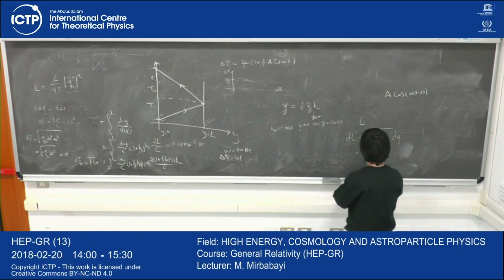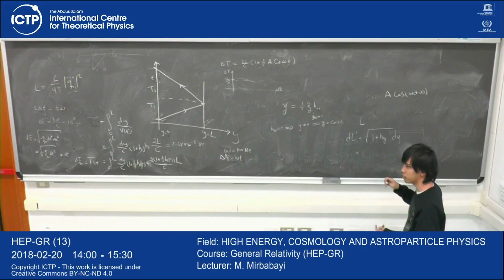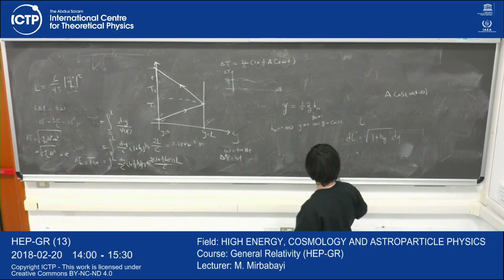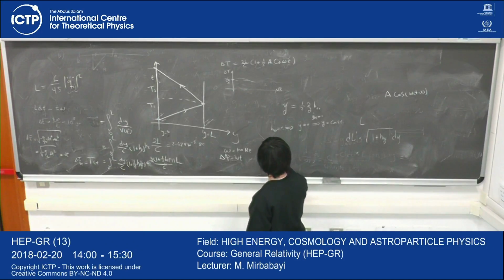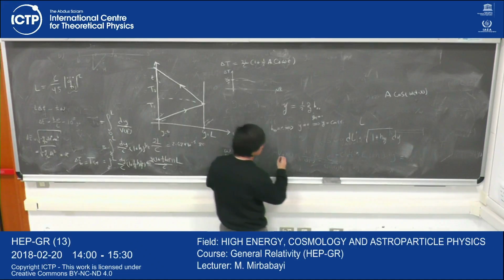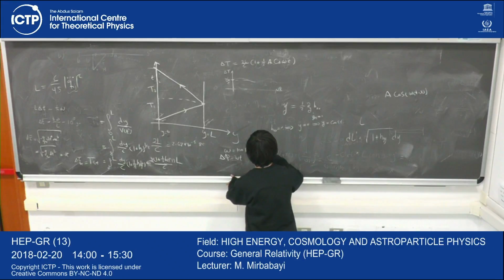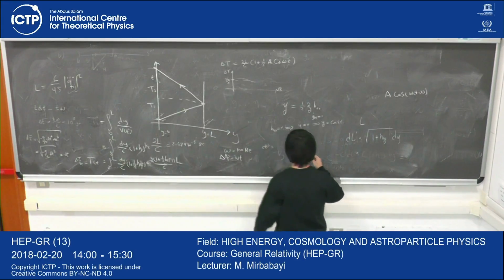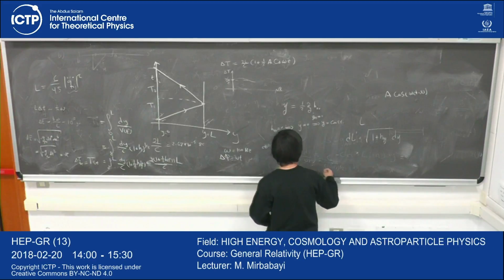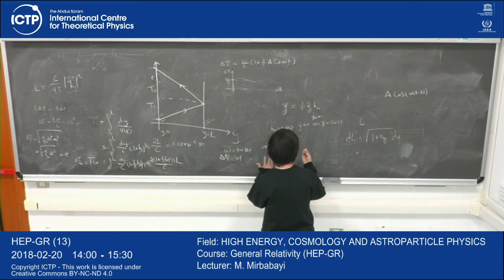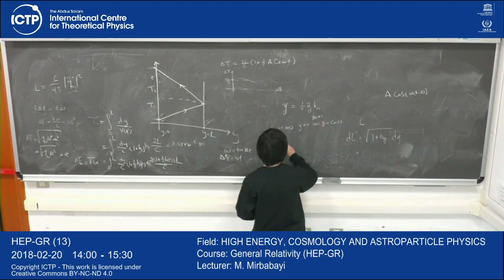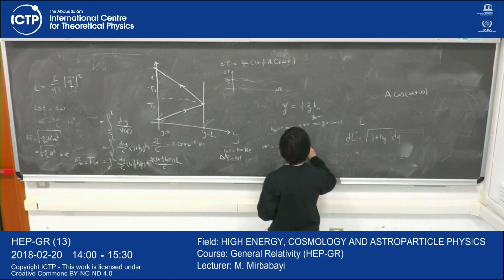Sorry, can you explain a bit more how you get that equation, dl prime equals the square root of 1...? So we start from the definition of the invariant differential length, which is g_mu nu dx^mu dx^nu.